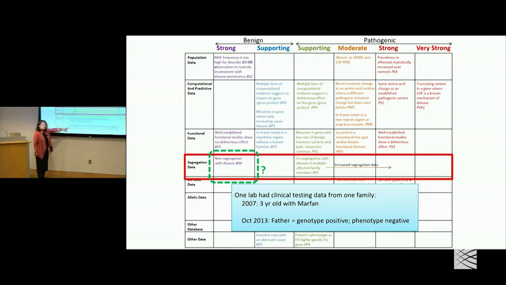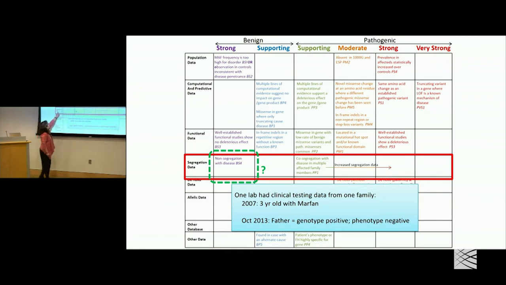Now, I told you earlier that Marfan syndrome has very high penetrance, but it's not 100% penetrant. So genotype positive, phenotype negative is often very difficult to use as evidence unless you are absolutely sure the disease is 100% penetrant. And the age of the individual correlates with the age of penetrance.